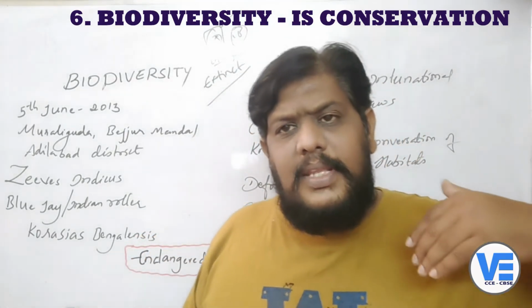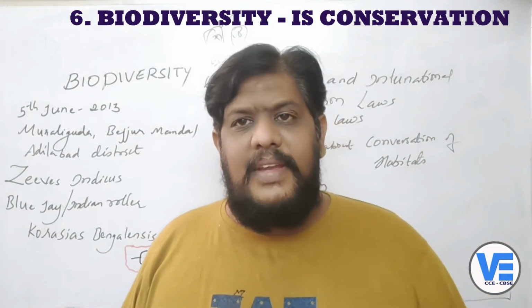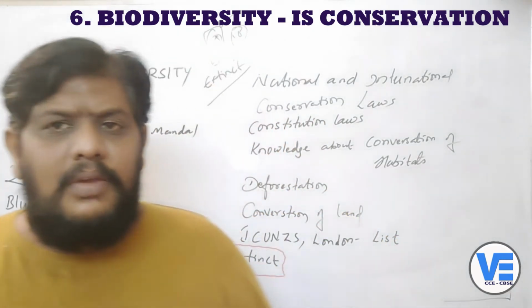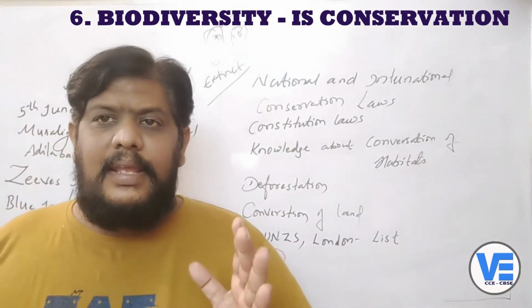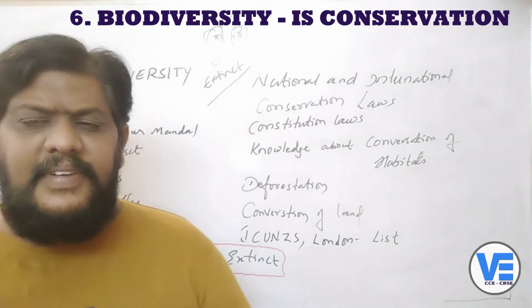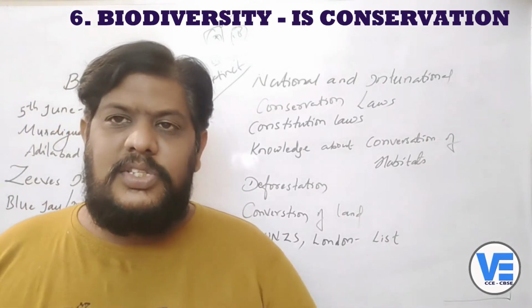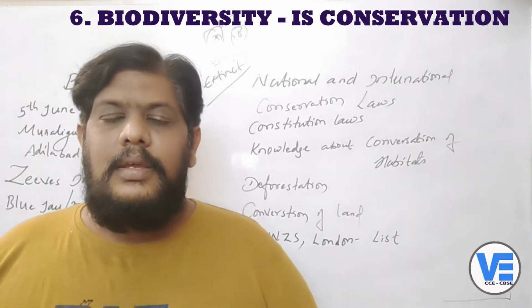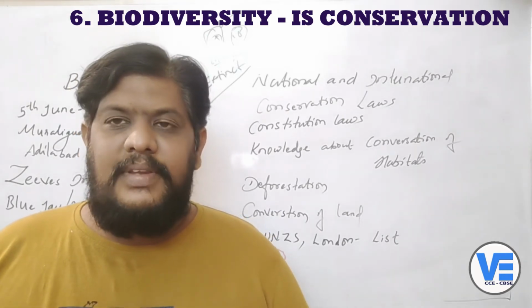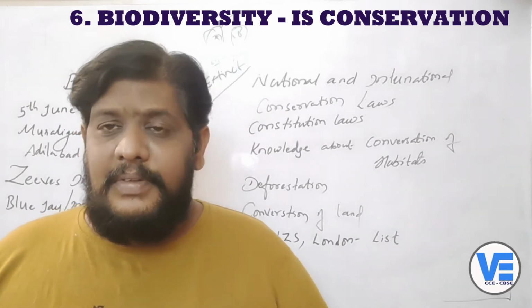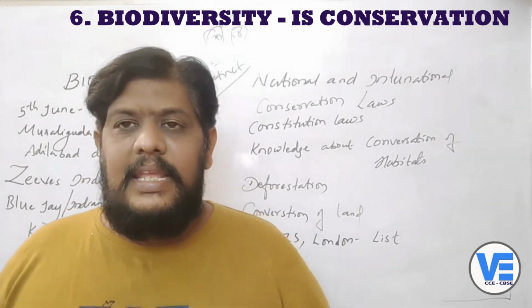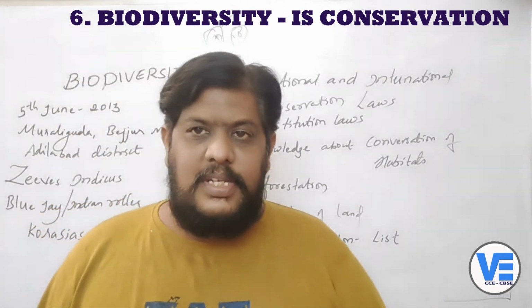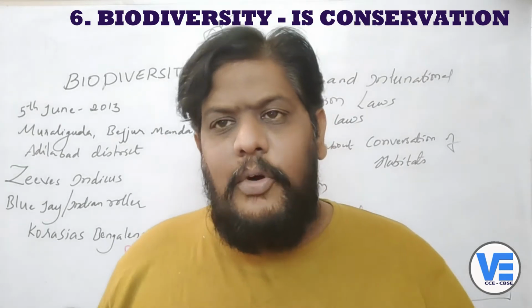Now, there are several ways by which we try to destroy the environment or habitat of the animals and birds living in our surroundings. The best example you can take is deforestation.